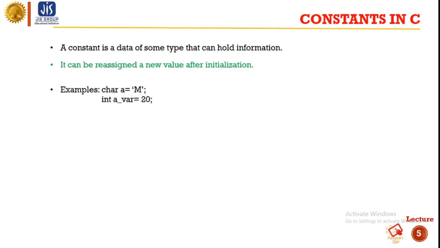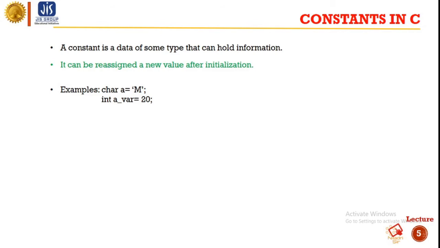It could be either positive or negative, and the default sign is positive. No commas or blanks are allowed within a real constant. Examples are 42.6, minus 32.76, and 45.94. These are all float constants.